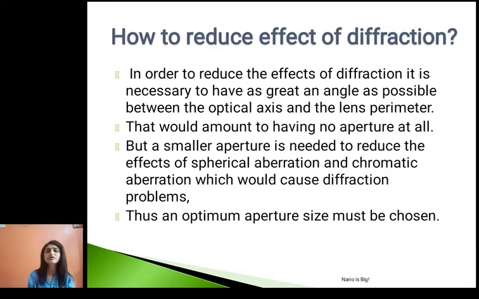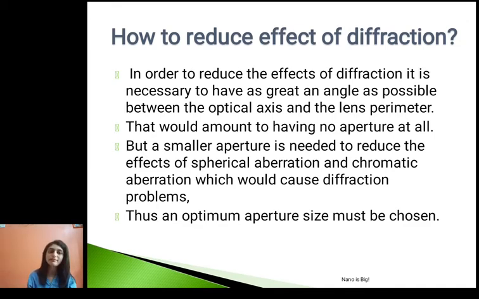So how do we reduce the effect of diffraction? In order to reduce the effect of diffraction, it is necessary to have as great an angle as possible between the optical axis and the lens perimeter. That would amount to having no aperture at all. But we know that if you want to reduce spherical aberration, then you need a small aperture.